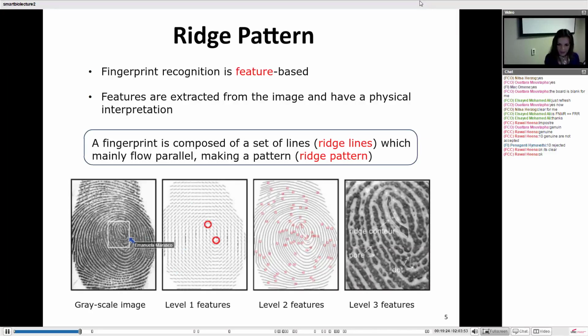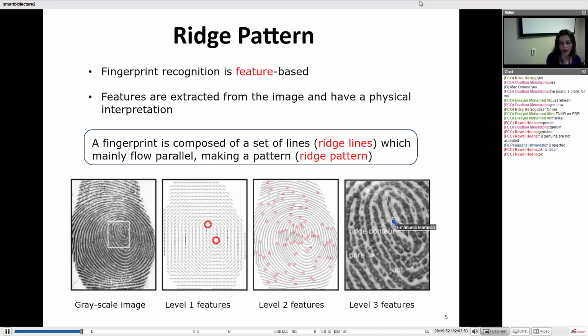and recall the ridge pattern as we discussed yesterday. So we have here different features that can be extracted, actually different levels of features. So from coarse, we have the orientation map. We know what we mean by local ridge orientation, right? And then we have a more detailed level of features, minutia points, and matching is based on minutia points.